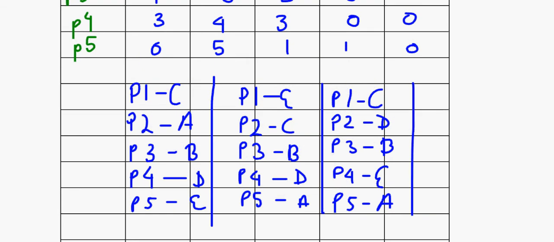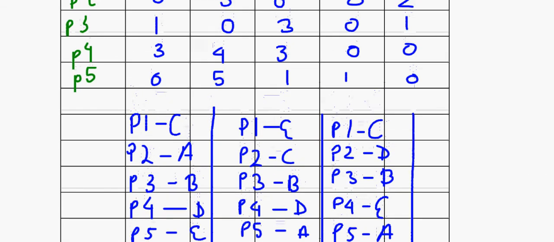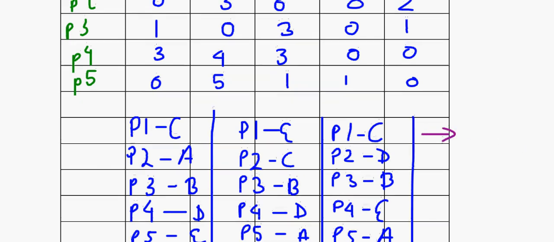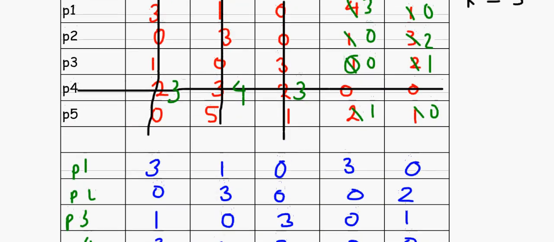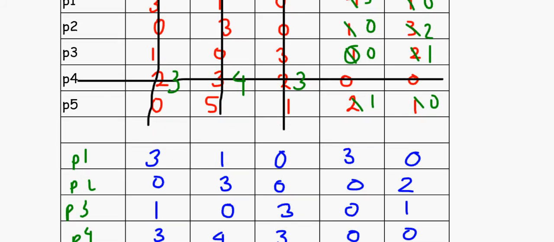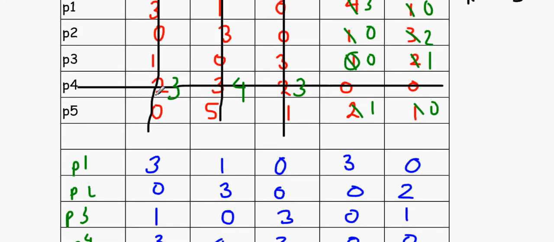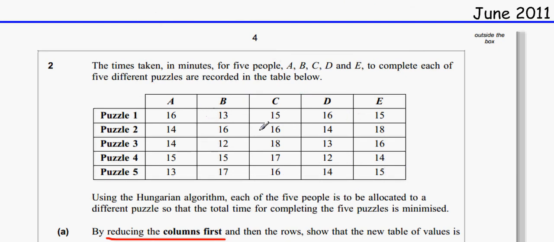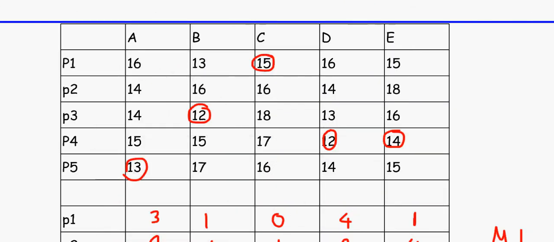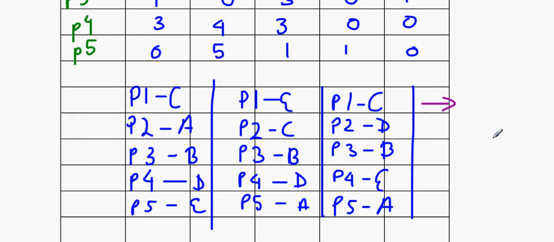So with a different colored pen, let's just use the last one. P1 is C, and C, using our original data, is 15. So we do 15.